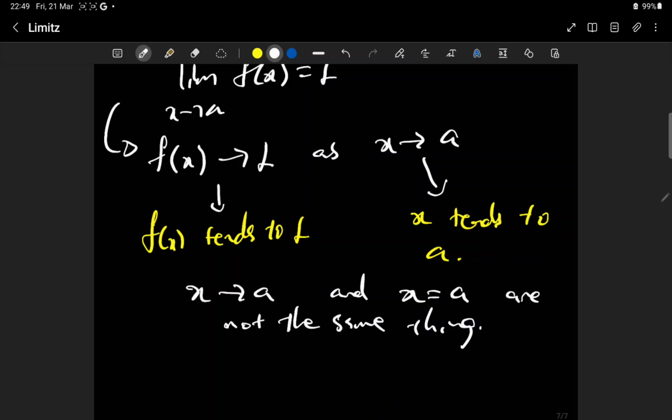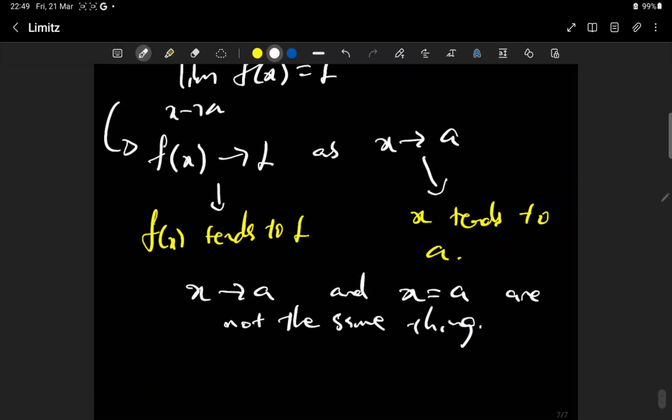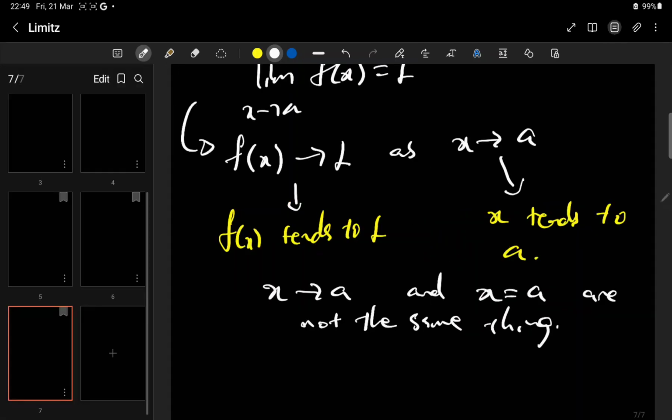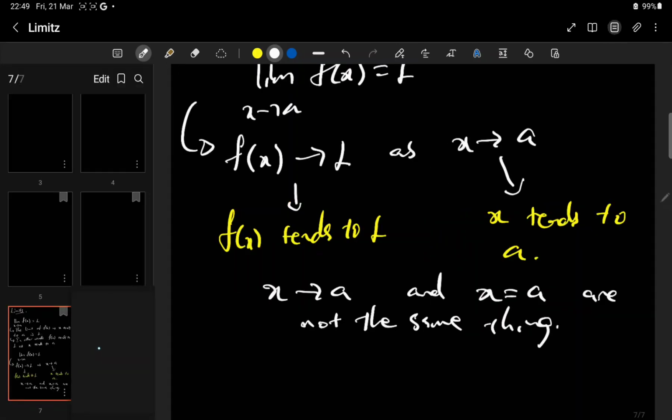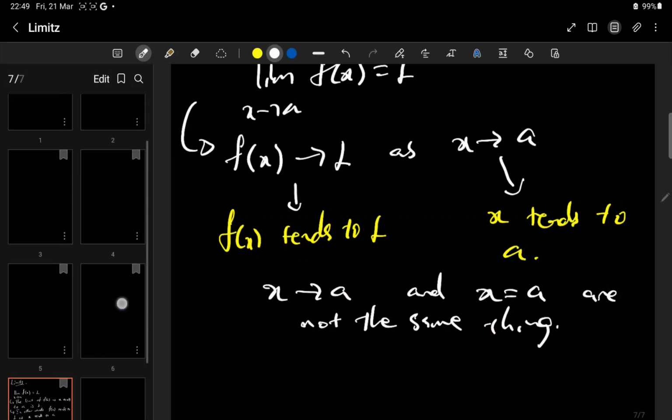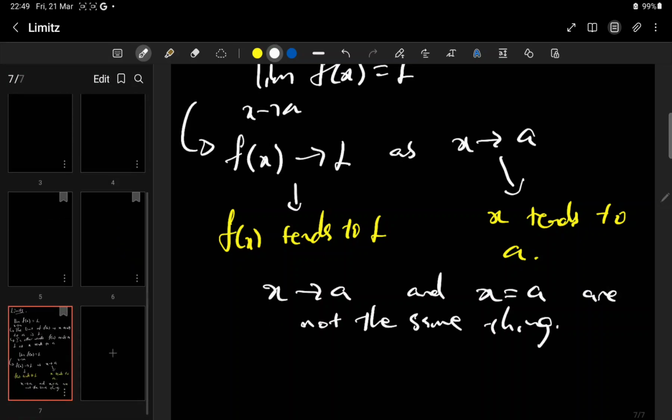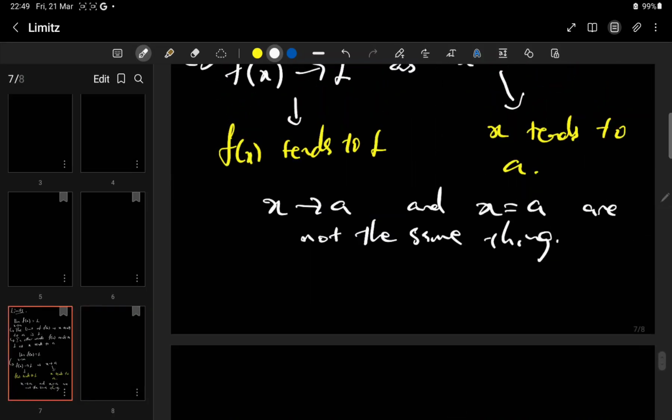They are not. So when we say x tends to a, what's happening here? When we say x tends to a, what we mean is that x gets closer and closer to a. That's what we mean.